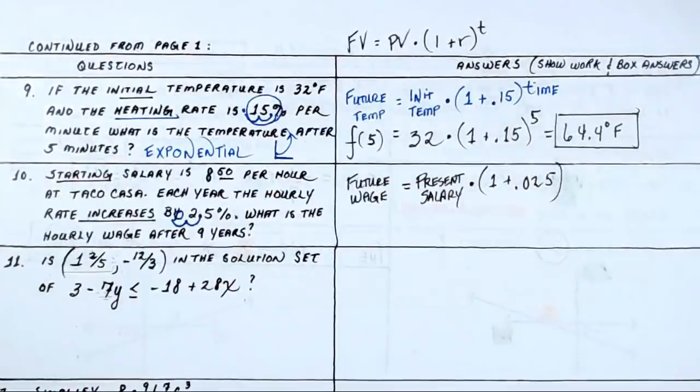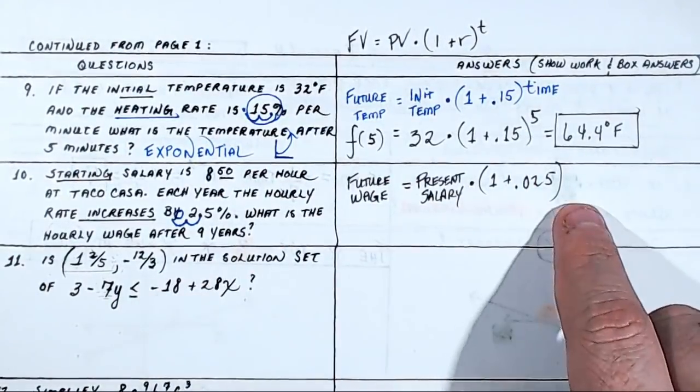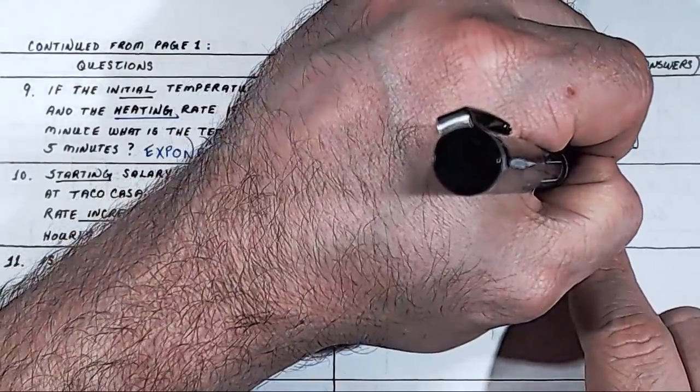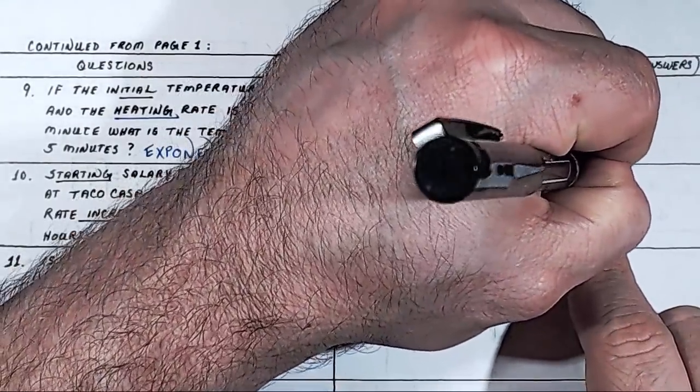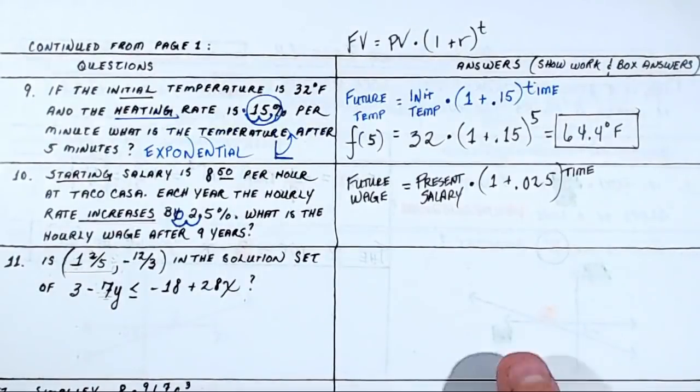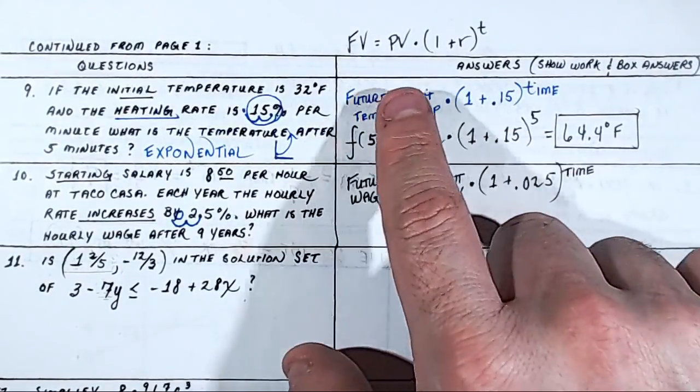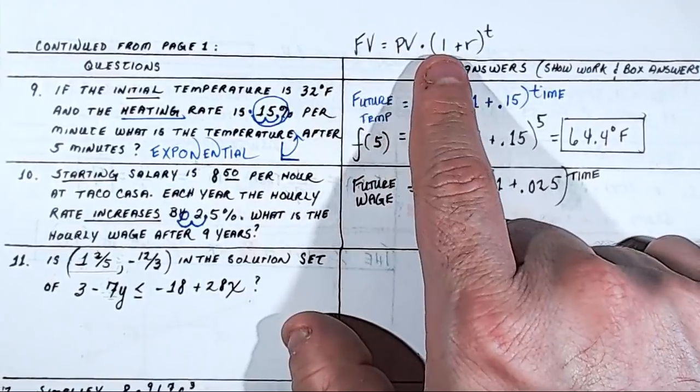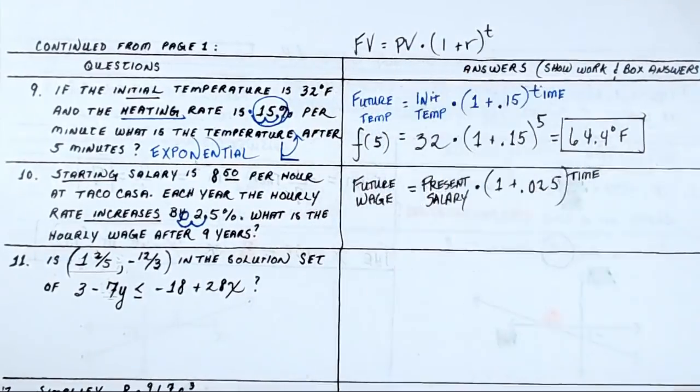close parentheses, and it wants to know, after time, right? So raised to the t, FV equals PV times 1 plus r raised to the t.